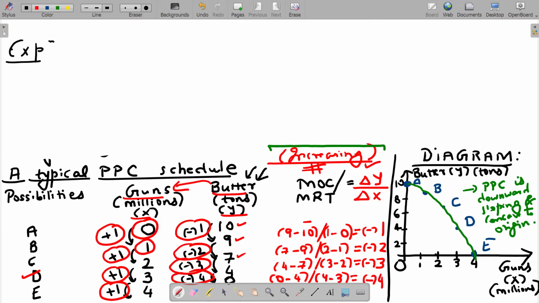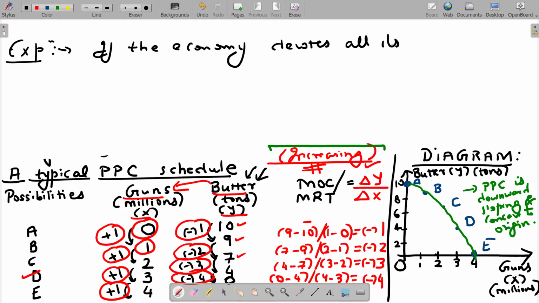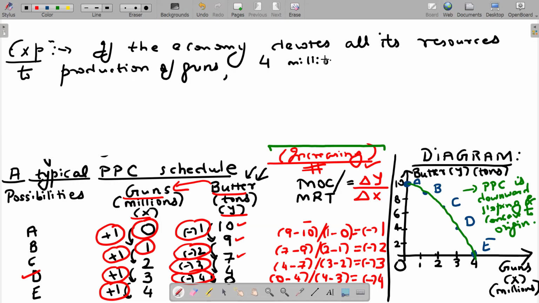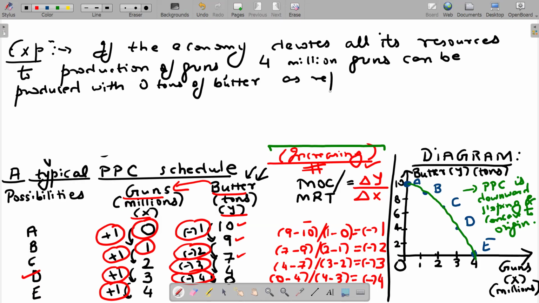As an explanation, I can write that if the economy devotes all its resources to production of guns, then 4 million guns can be produced with 0 tons of butter, as represented by possibility E.